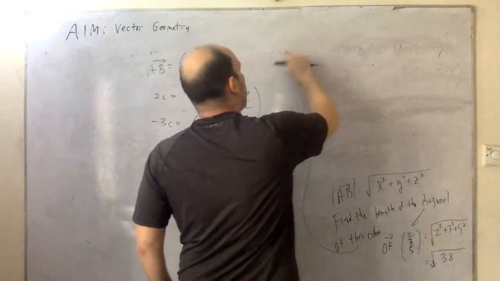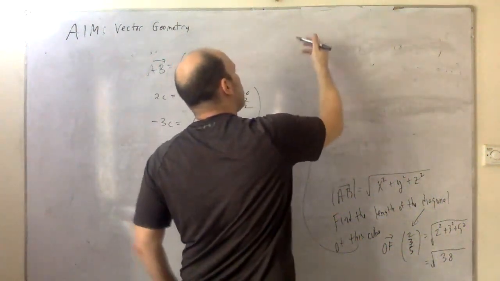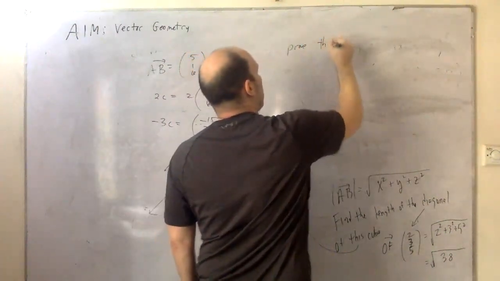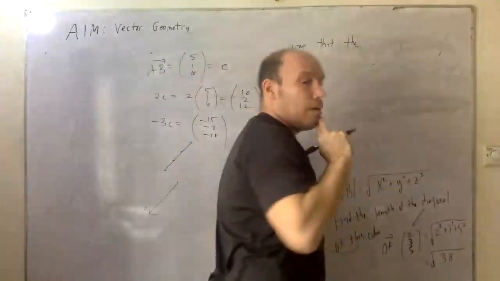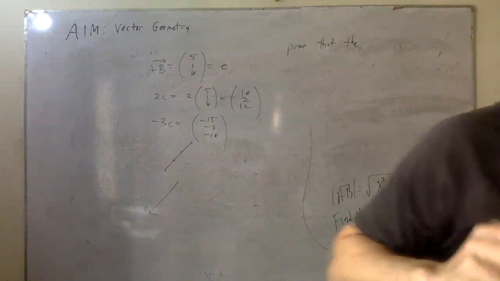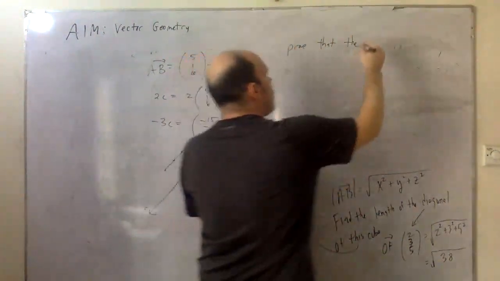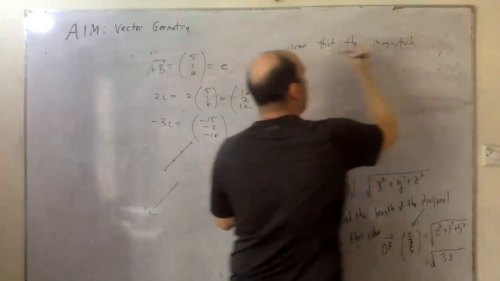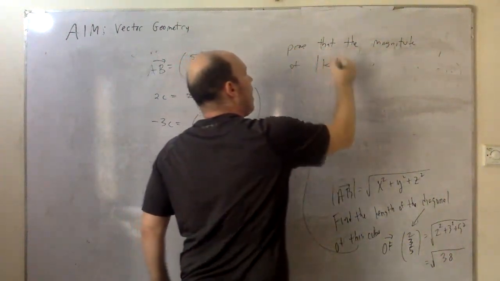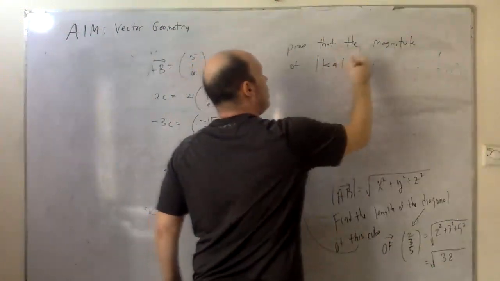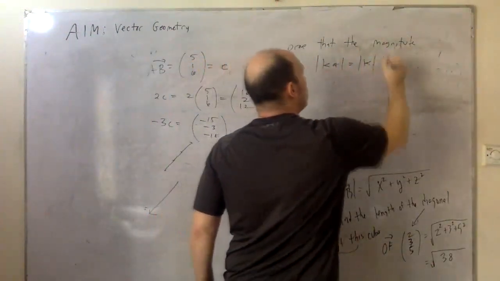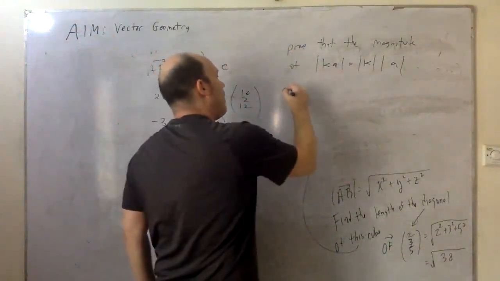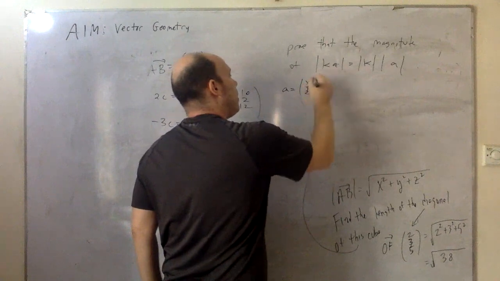For example, prove that the magnitude of kA is equal to the magnitude of k times the magnitude of A. Just a little proof. So for example, let A be x, y, z.